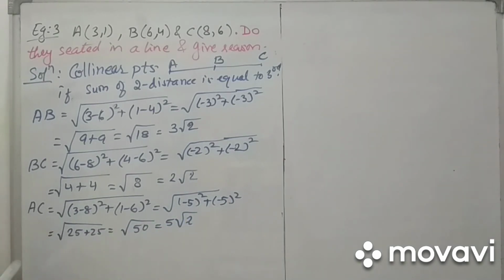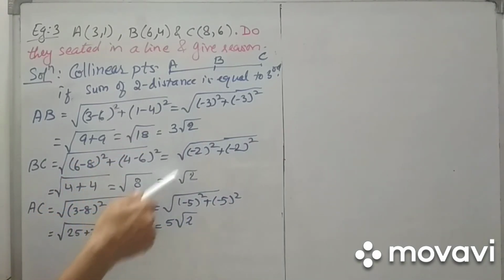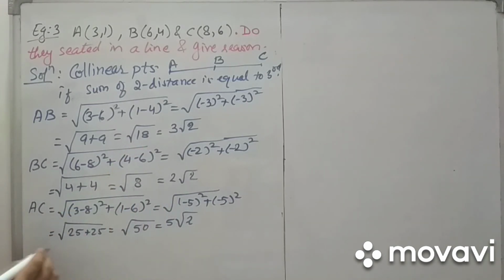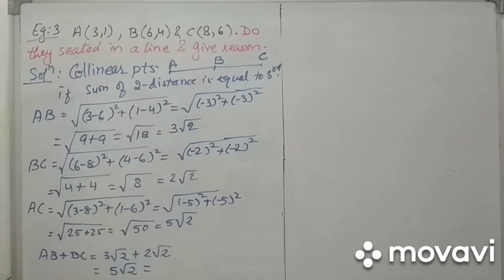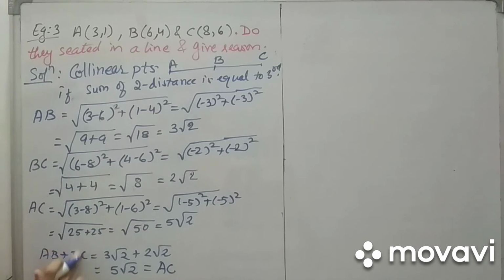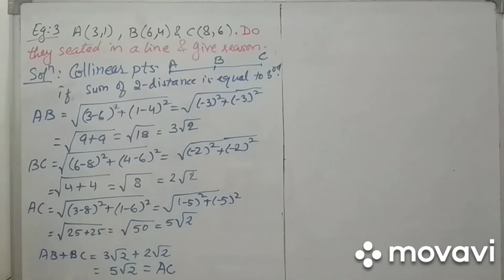Now looking at this, 3 plus 2 is 5, and root 2. So what are we getting? AB plus BC is equal to 3 root 2 plus 2 root 2, is equal to 5 root 2. And this is equal to AC. So we can say that they are collinear points.